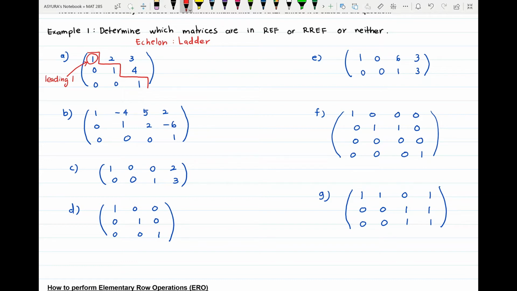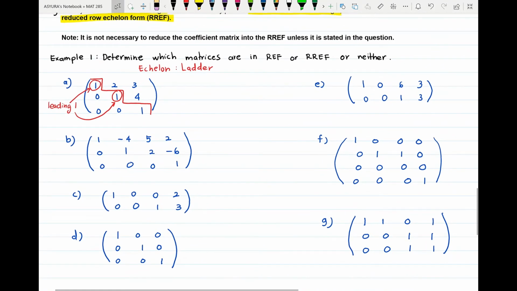Next, the leading one in the next column must be further to the right than in the previous column.